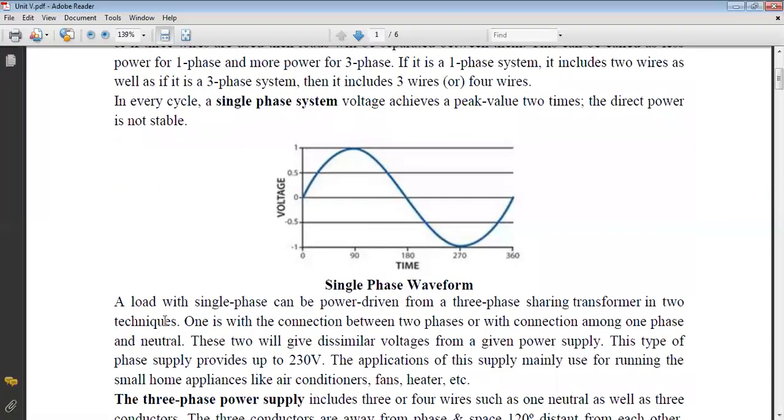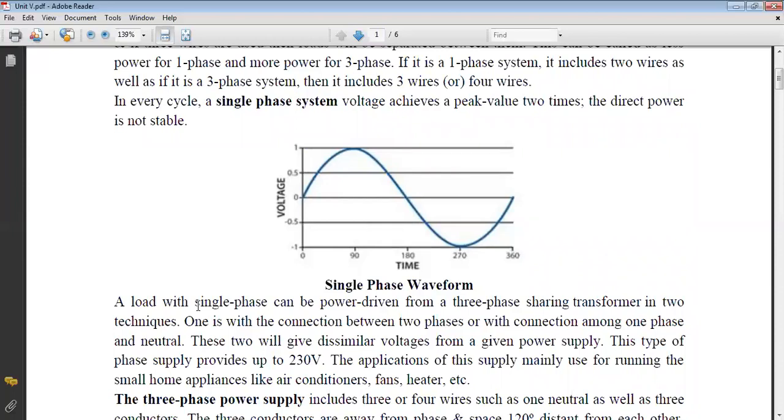Now, a single-phase load can be powered from the three-phase supply transformer in two techniques. Try to understand the basic concept. In our locality, we use single phase, but the whole locality needs a large amount of power, so the total power consumed by the locality is very high. That is why a three-phase connection comes to our locality.